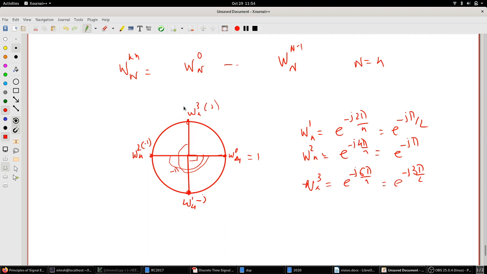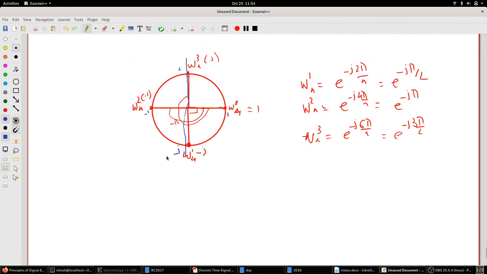Same way, this is your j omega axis, the imaginary axis. This has got a j, this is minus j, this is the real axis, which is 1 and minus 1. So now what you can do is, since this is a periodic function, W_4 of 4 will repeat. This will be my W_4 of 4, this will be my W_5 of 4, this will be my W_6 of 4, this will be my W_7 of 4, and so on.